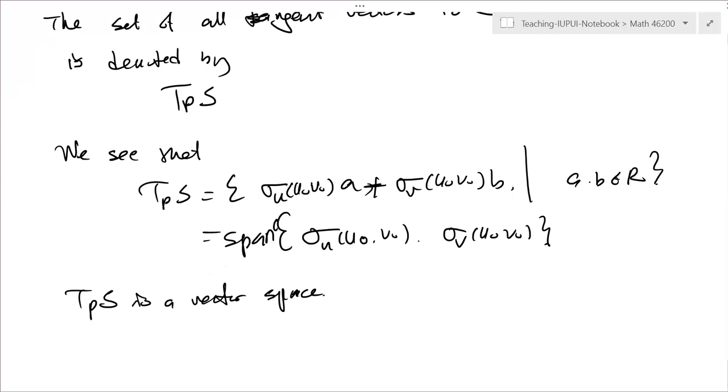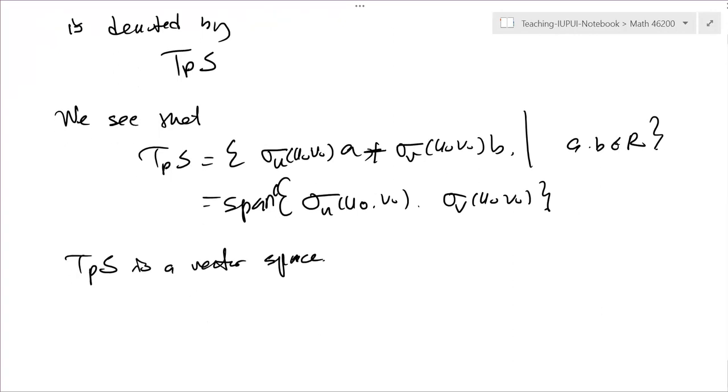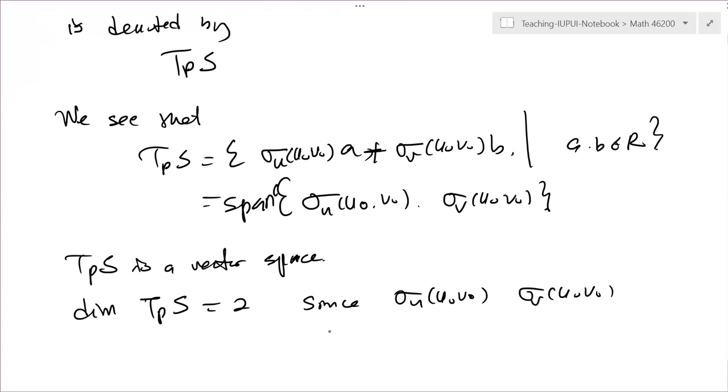And this is the place where we require the regularity of sigma. The dimension is 2, since sigma u and sigma v are linearly independent.